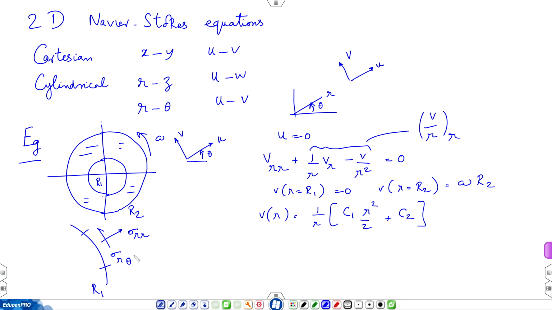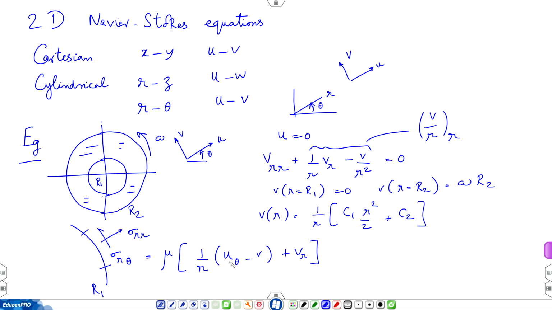And sigma r theta has a longish expression, you can refer to the notes given. So, this I have picked straight from the notes given to you.